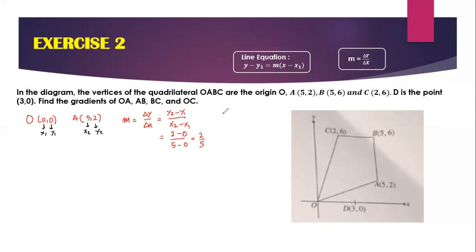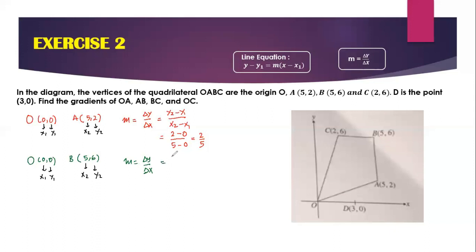There's the other one. Okay, next is OB. O is (0, 0), and B is (5, 6), right? So we said this one here is x1, and here is y1, here is x2, and here is y2, right? So the gradient is delta y over delta x, right?